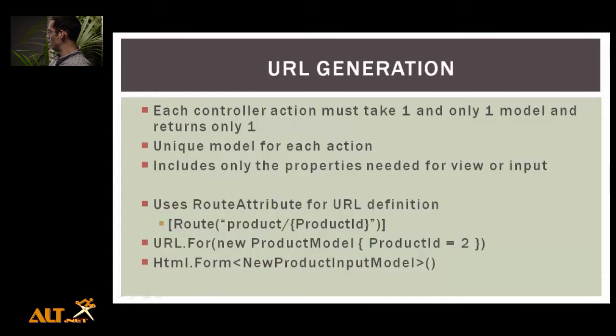That then allows you to use the HTML helpers that we've made, such as UrlFor, to generate that URL in your code, and you also create it with any necessary product IDs or anything like that you have in your URLs. You can also use it when creating forms in the same manner that you can see down the bottom there.